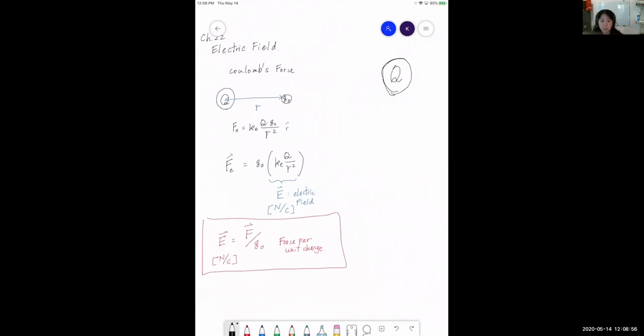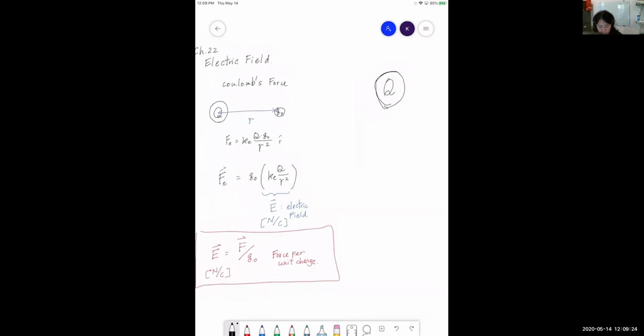It's force per unit charge, so it's a vector because the charge is not a vector. And I'm going to show you the direction. It's interesting how we draw the electric field lines, which is a little different from how we draw force vectors. So you've got to be careful, but I'm going to show you all those things.